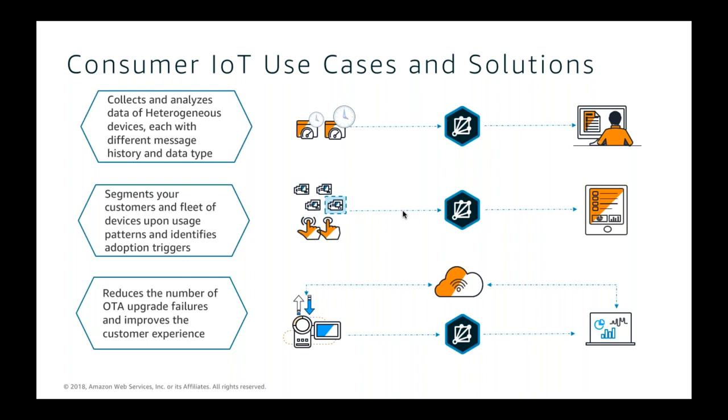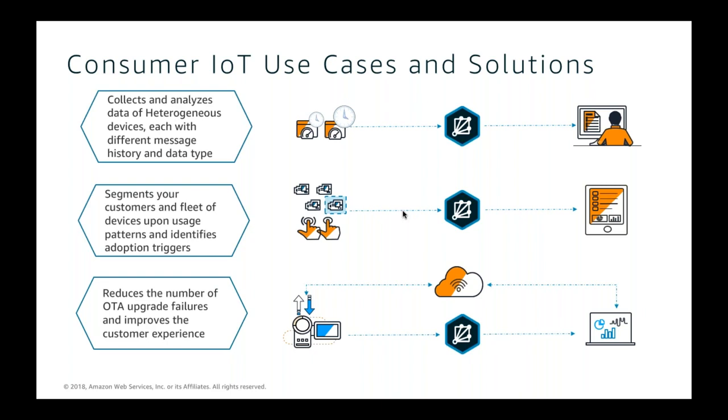In consumer IoT use cases, you can use this for collecting data from your devices, so you can understand how your devices are being used and what sort of messages and history you're getting from these devices. You can also use it for collecting customer behavior, in terms of how customers are interacting with your devices.